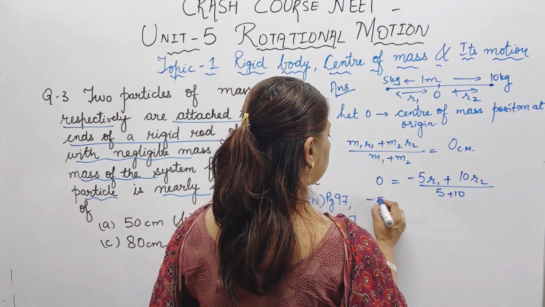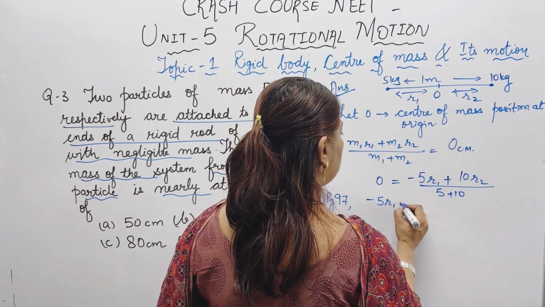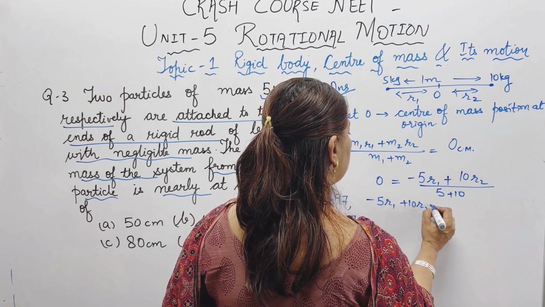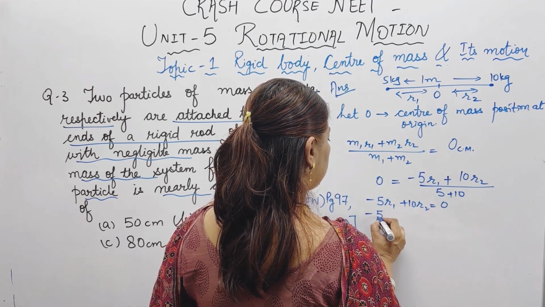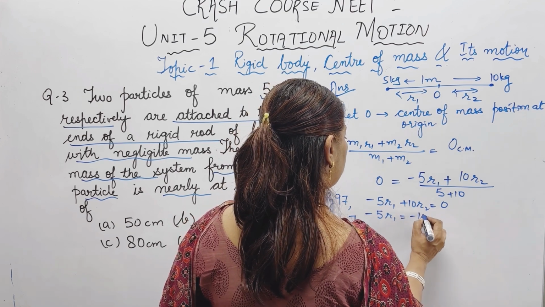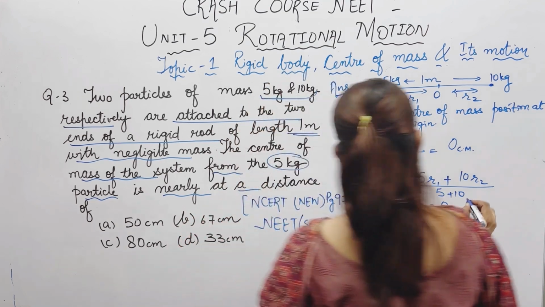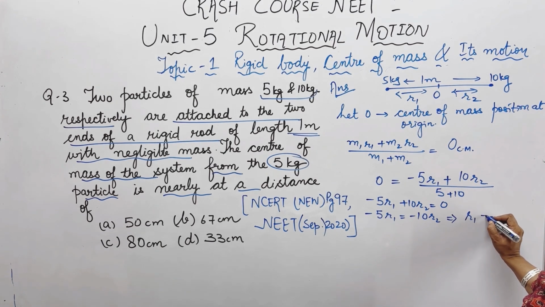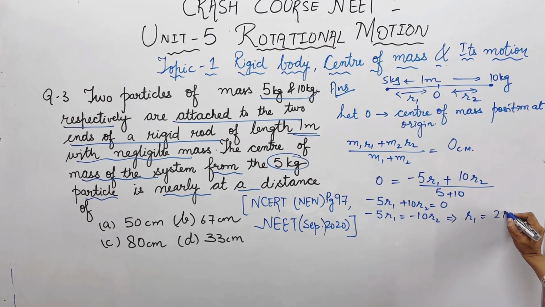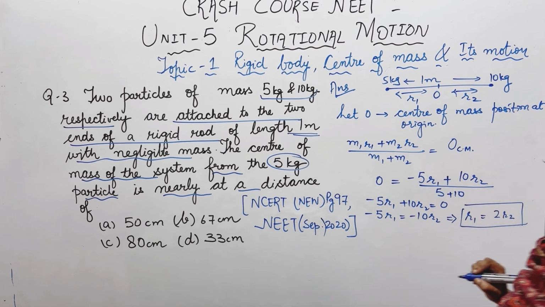So we have minus 5 R1 plus 10 R2 equal to 0, or from here minus 5 R1 is equal to minus 10 R2, or we get R1 is equal to twice R2. This is one of the equations.